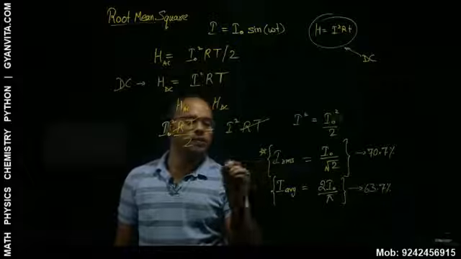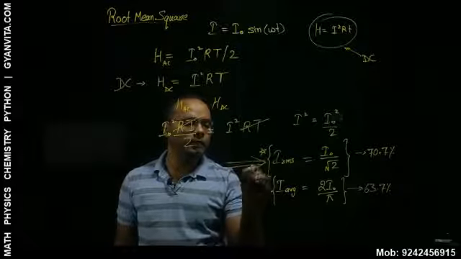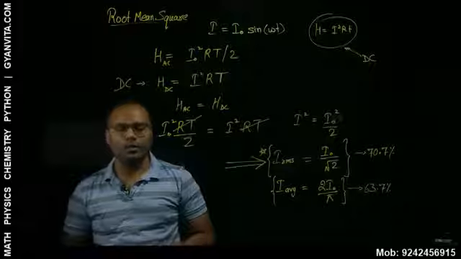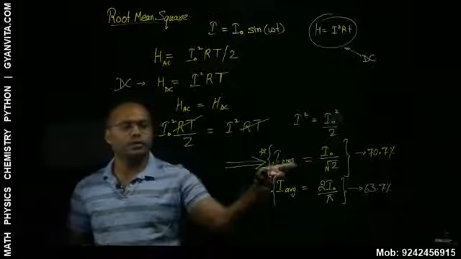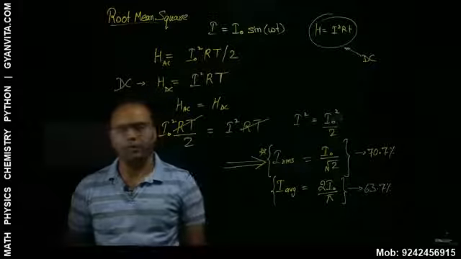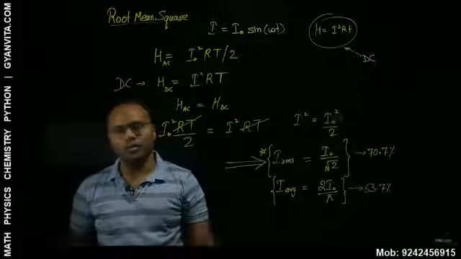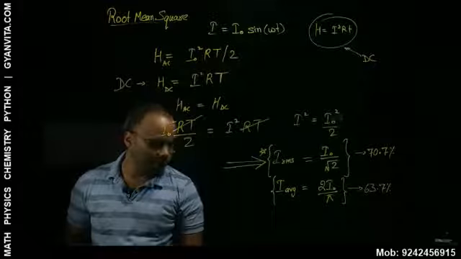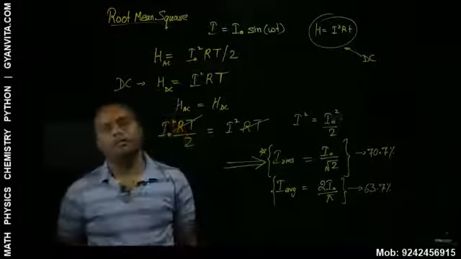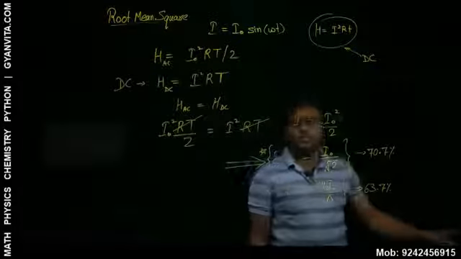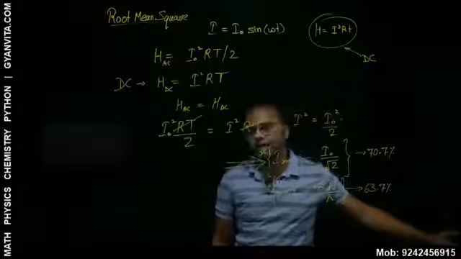So this is very important. This is the practical value which you will see being used in day-to-day life. It is I naught divided by root 2, or simply 70.7% of the peak current. Is it clear? Any doubt in this RMS?